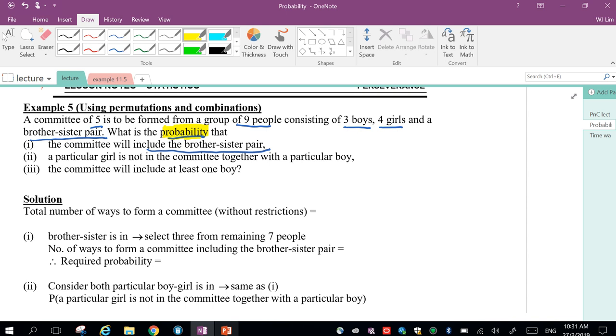This is your PNC example that I went through with you. But in this case, we want probability. So first thing first, must find out the number of ways to form a committee without restrictions. Okay. So how to form a committee without restrictions? The 9 choose 5, which is 126. So this is the without restrictions.